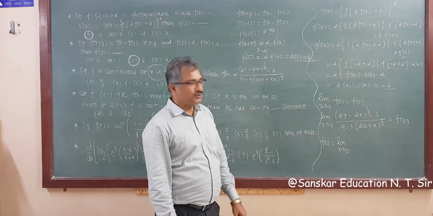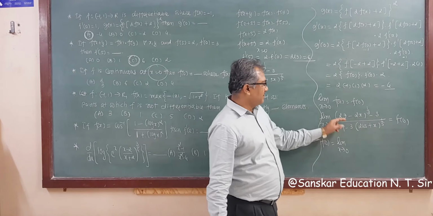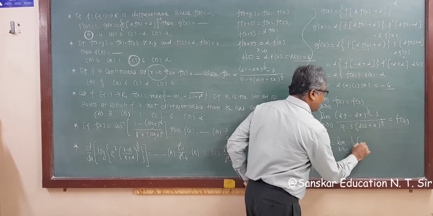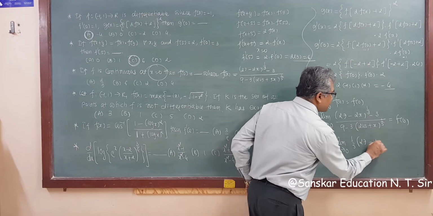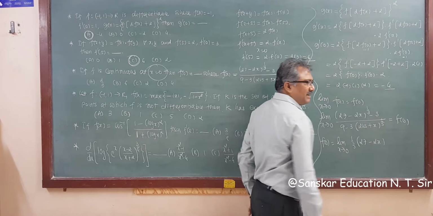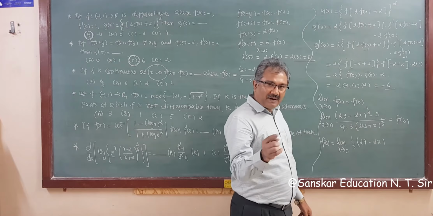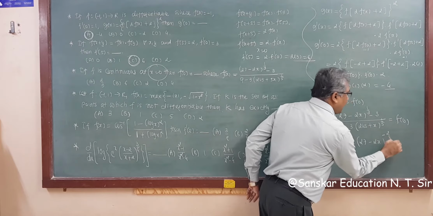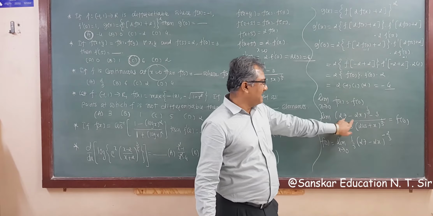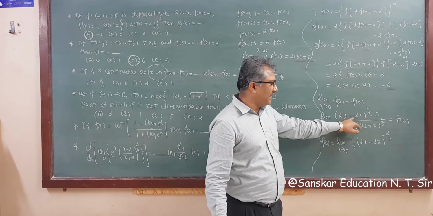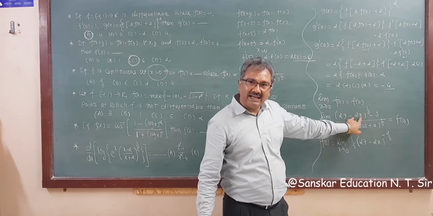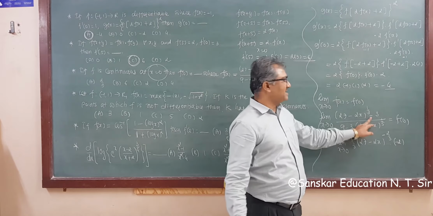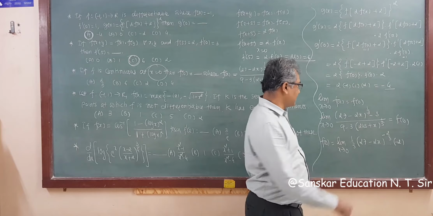Now the derivative of the bracket raised to n is n times bracket raised to n minus 1, that is 27 minus twice x raised to 1 upon 3 minus 1, that is minus 2 by 3. The derivative of this is 27 gives 0 and minus 2 constant times derivative of x, which is 1, so multiply by minus 2. Then minus 3 is a constant, so its derivative is 0.